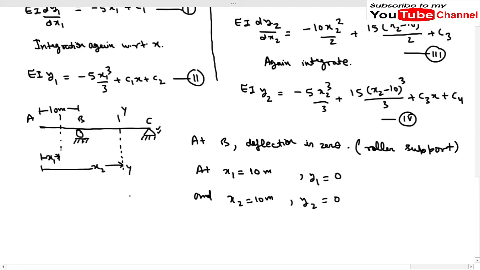Because these two conditions are there, we can find the two equations for C1, C2, C3, whichever we get in the equation.